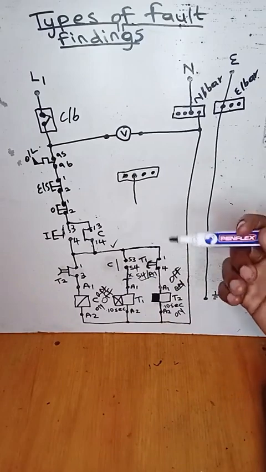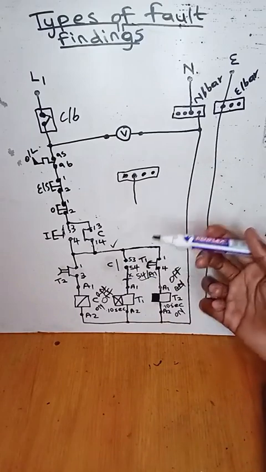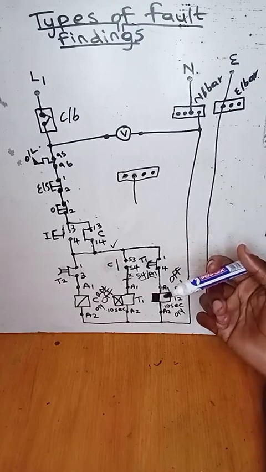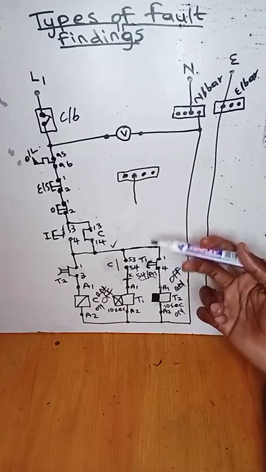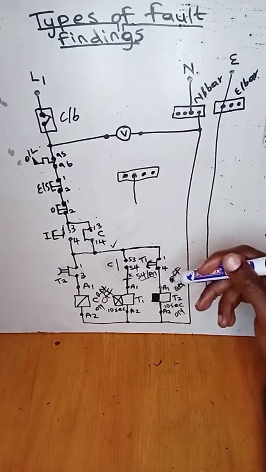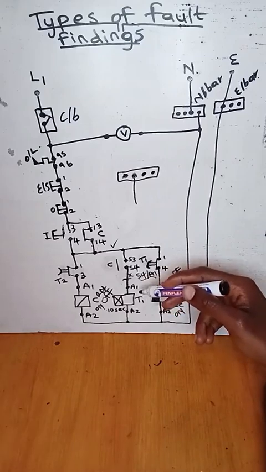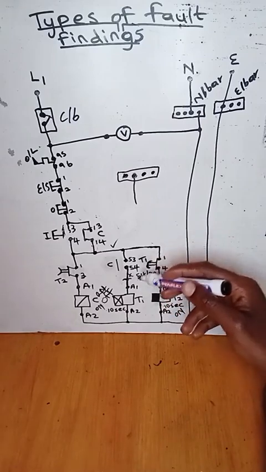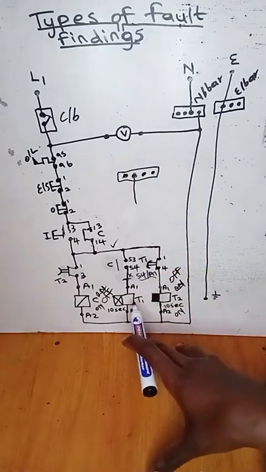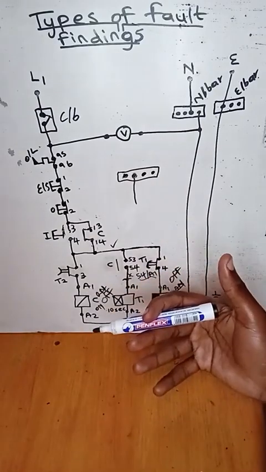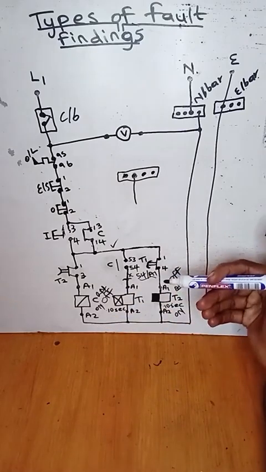So the readings that you'll get when you test your panel, when you operate it, must correspond with the sketch that you are given to do fault finding.